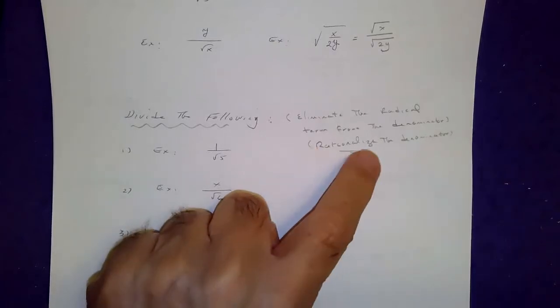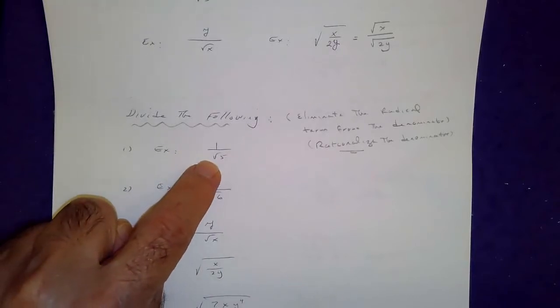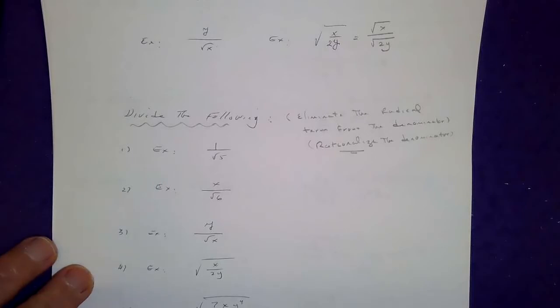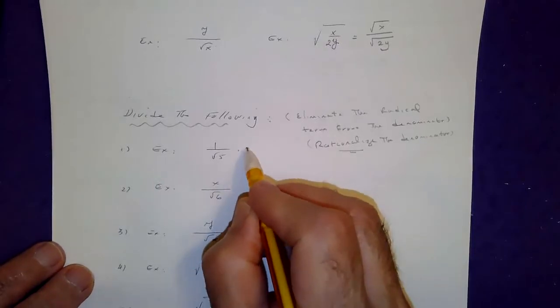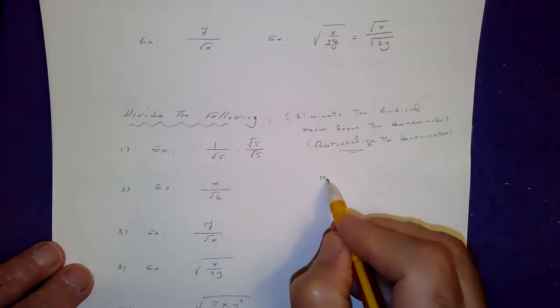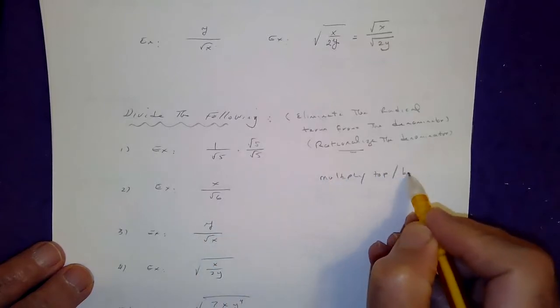To rationalize the denominator of a fraction means get rid of the radical sign, or radical term, I should say, from the denominator. So what do you do for these kind of problems? Basically, you just multiply top and bottom by the bottom.